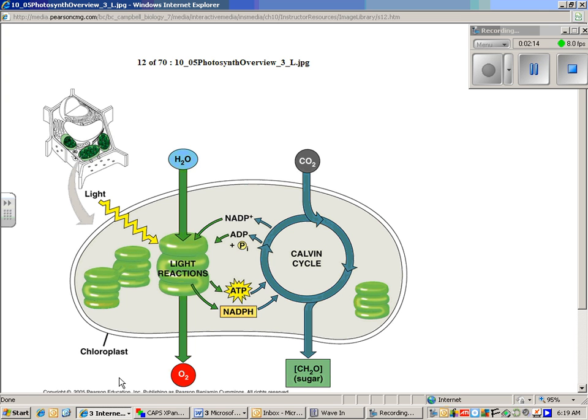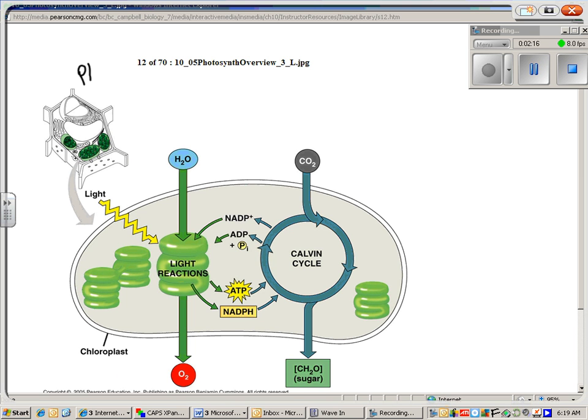Inside of a plant cell, I'm making the assumption that you knew that plants did photosynthesis. Inside of a plant cell, this is an organelle called a chloroplast.